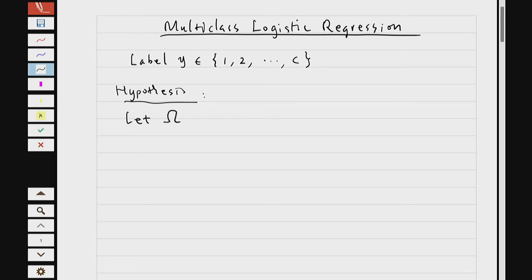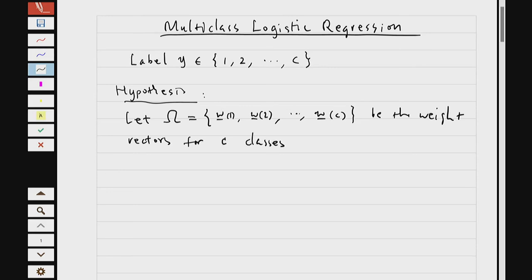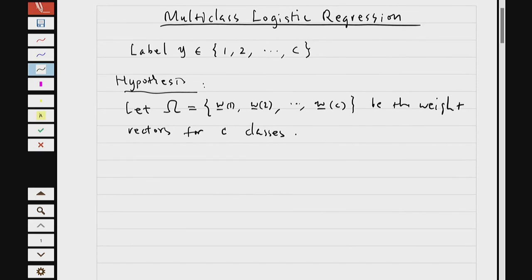We collect them all in this big omega: omega 1, omega 2, and then omega C. C different lines, which we can also call weight vectors. We have weight vectors for the C classes. And then we hypothesize.